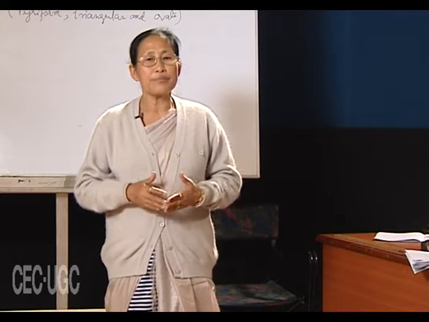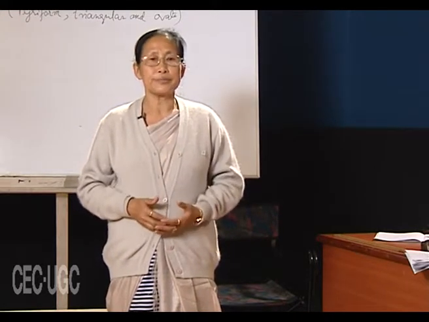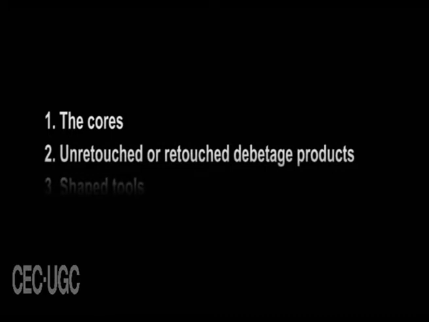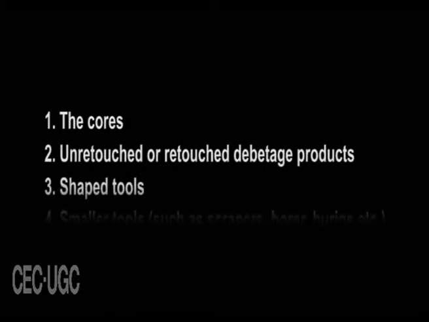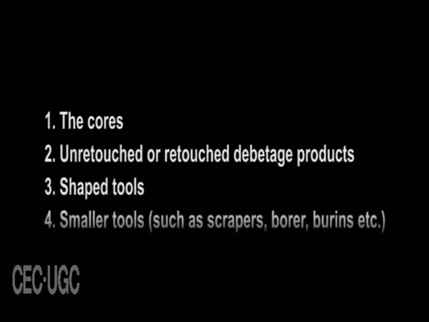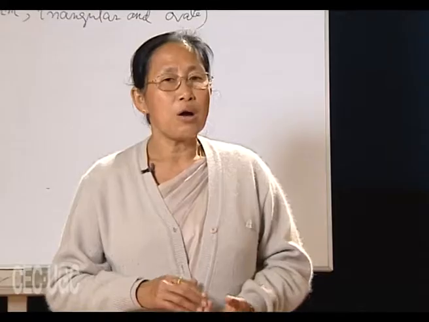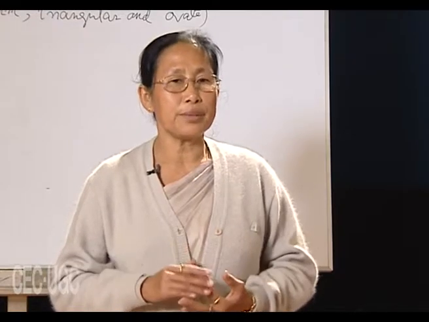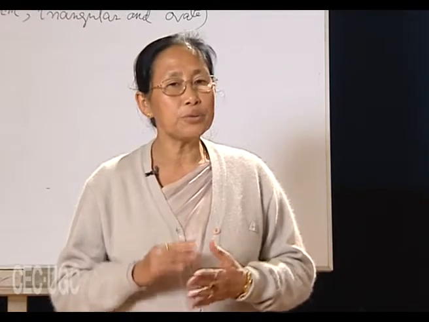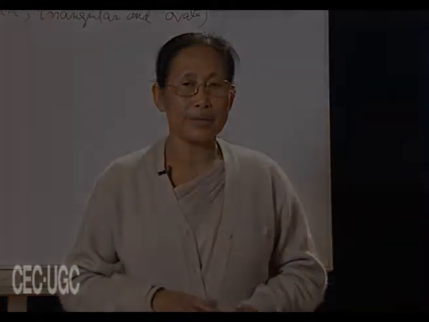There are 5 situations to be considered. They are the coarse, unretouched or retouched debitage products, shaped tools, smaller tools such as scrapers, borers, burins, etc., whatever the type of blank used, and tools on a natural blank.